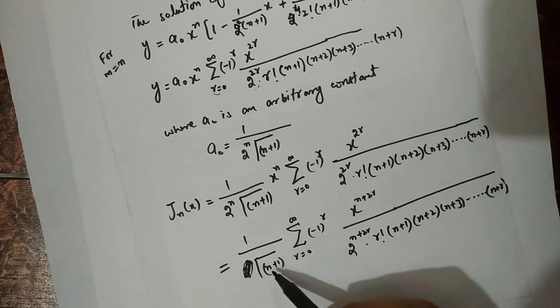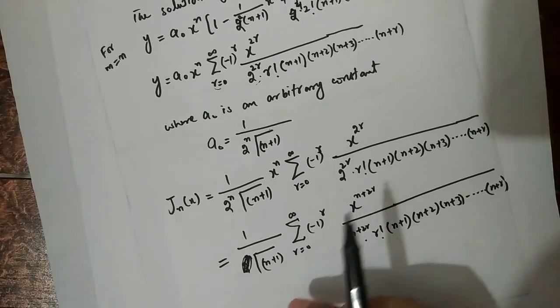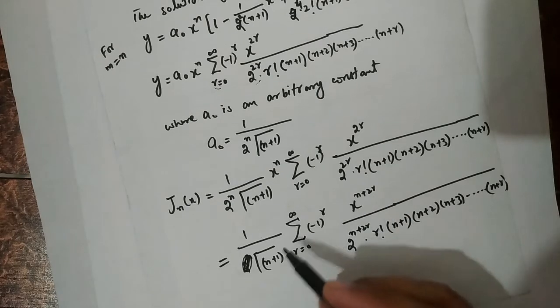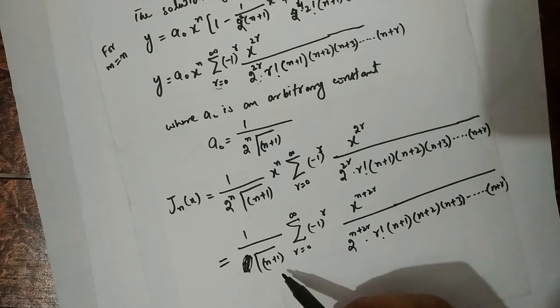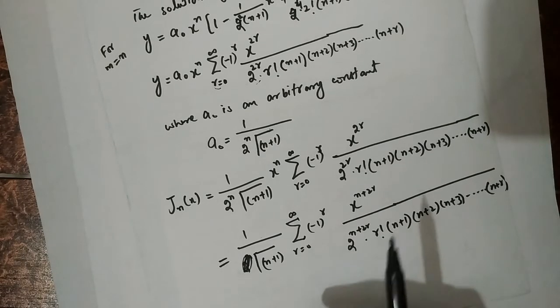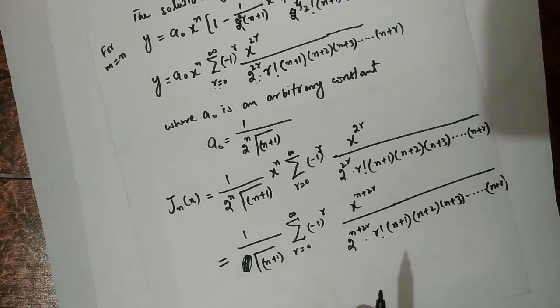Now, also by the properties of gamma function, we know that gamma n plus 1 is equal to n factorial. Clear? n factorial.